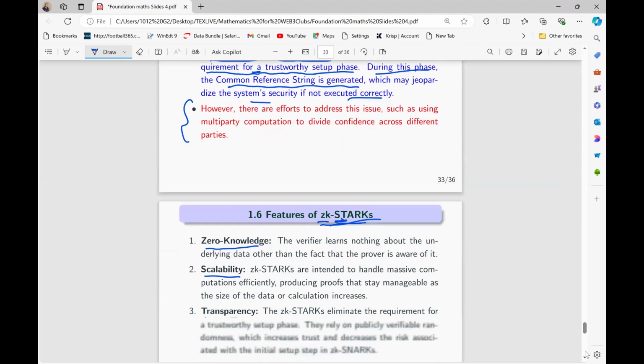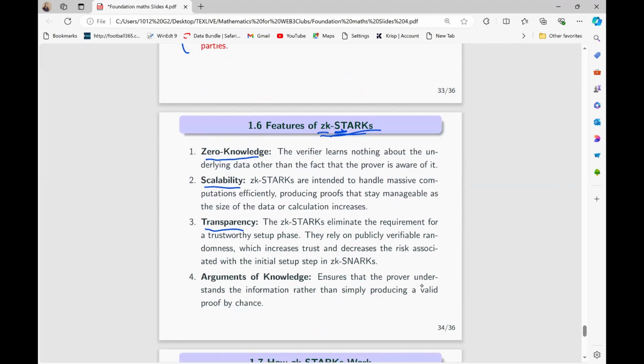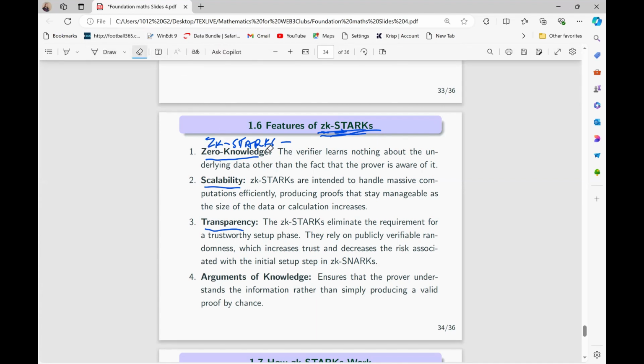The only thing I needed to say was that ZK stacks is an abbreviation, and it stands for zero knowledge, scalability, transparency, and argument of knowledge. So then I went through what each of those letters stands for.